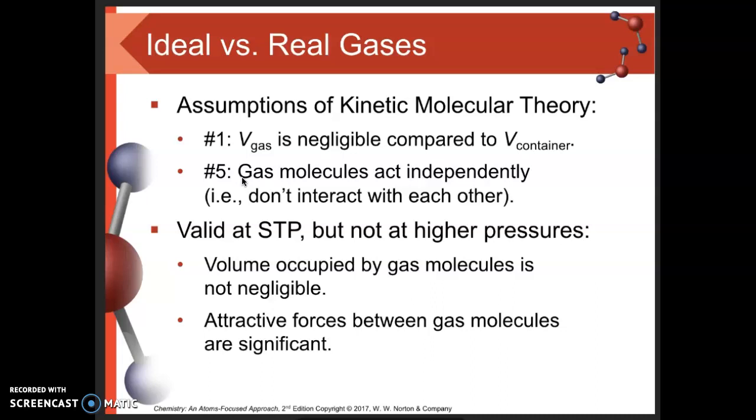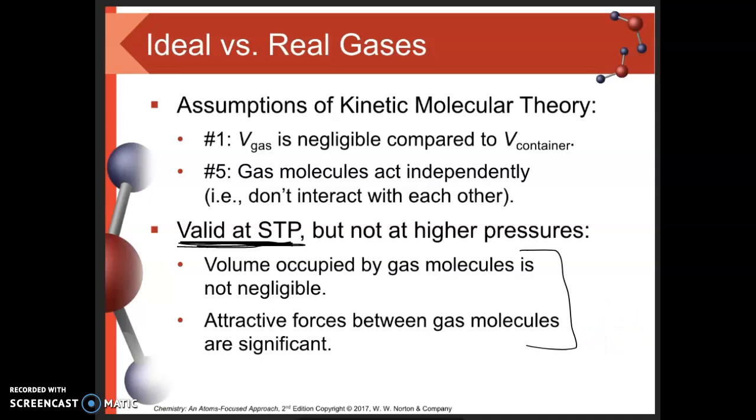When the molecules are moving around really fast, they might collide with one another, but they're not going to touch each other very much at all. So ideal behavior tends to be valid at normal conditions like STP. But as soon as we get to higher pressures, these real properties take over, and they can have pretty significant impacts on the way that we use our gas laws.